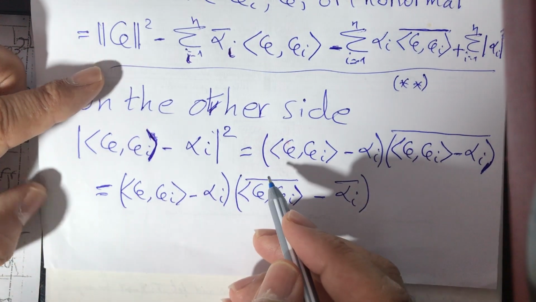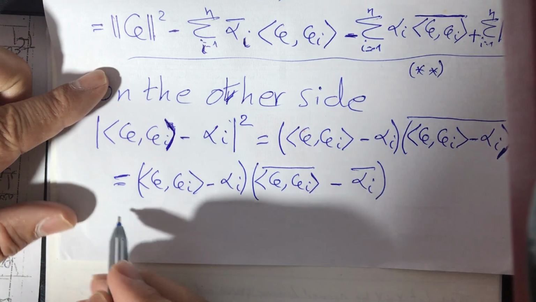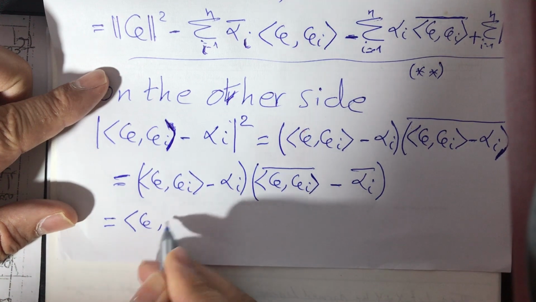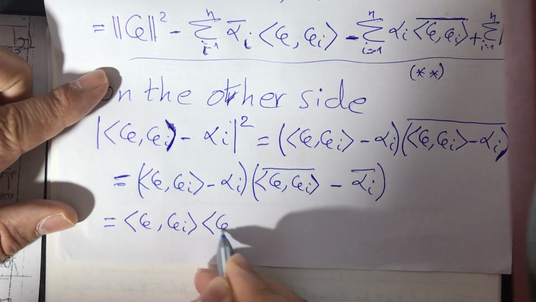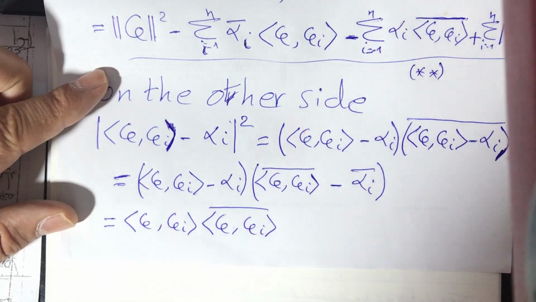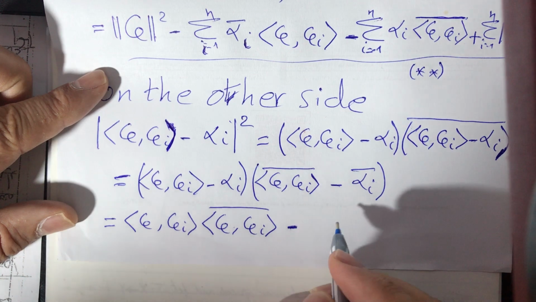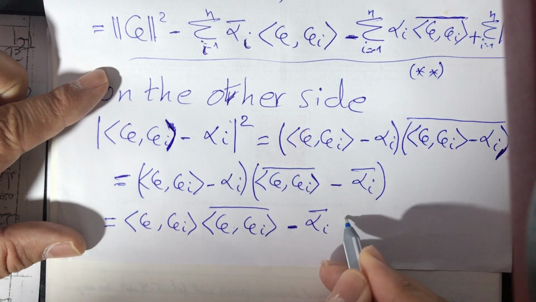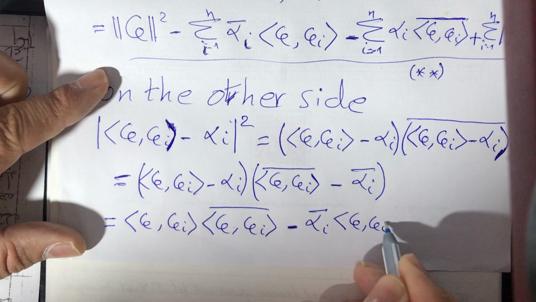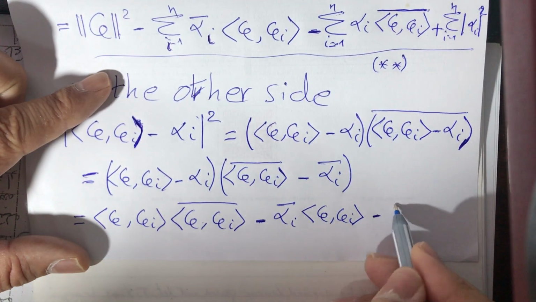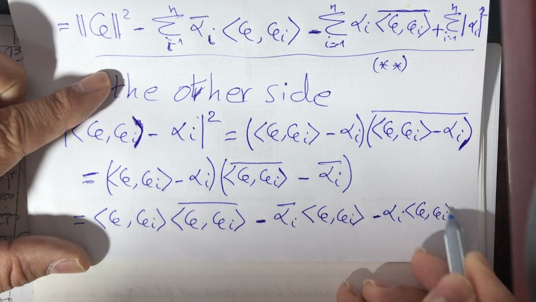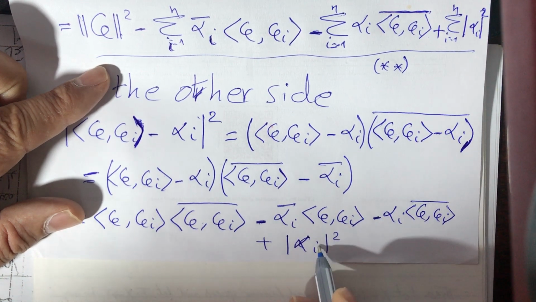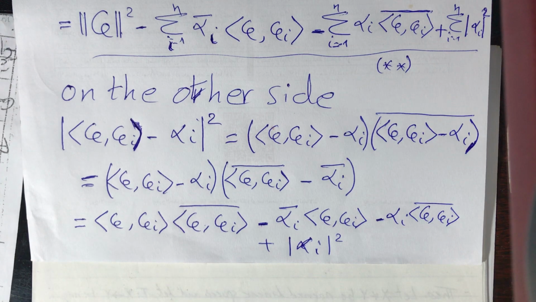Move this here and here, and now this will be phi i times phi i conjugate, and alpha i conjugate times phi i, minus alpha i phi i conjugate, plus alpha i squared. This is page number 2.